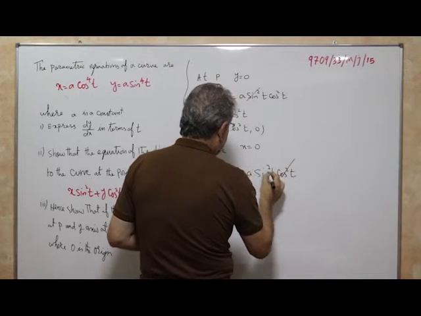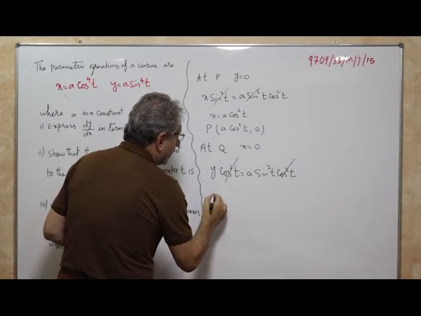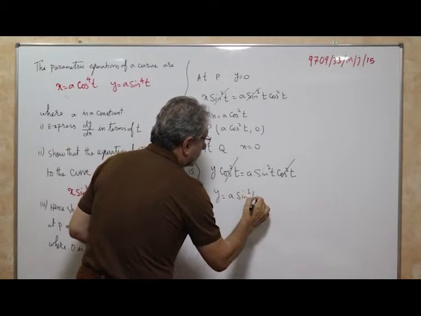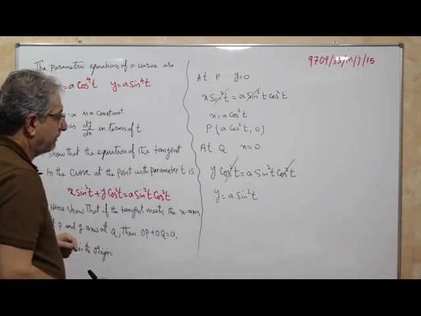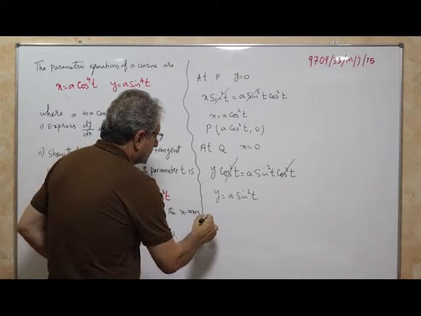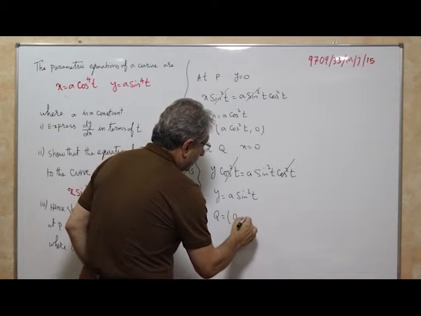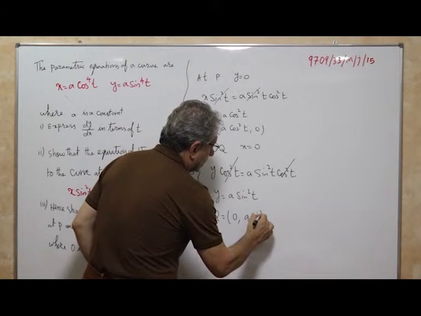You can see that this and this get cancelled, therefore y is equal to a sine square of t. Therefore Q is 0, a sine square of t.